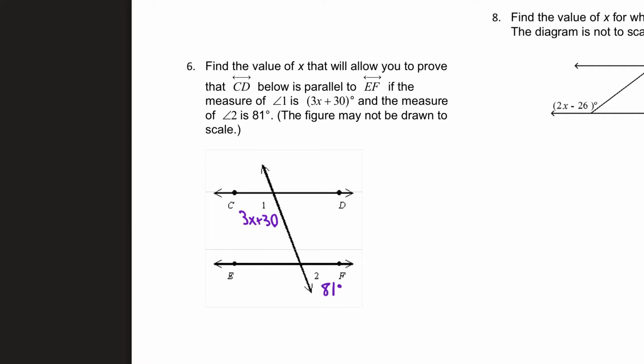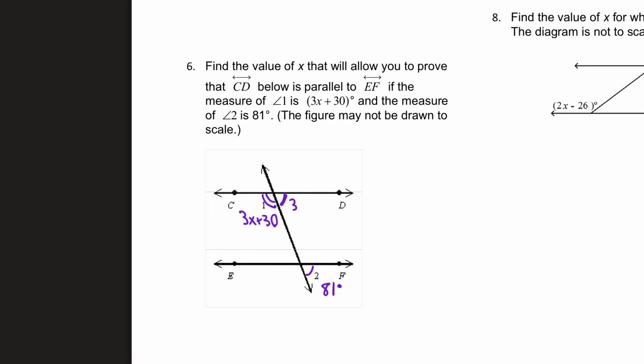Now, angle 2 and this angle right here are congruent to each other if the lines are parallel. Those would be corresponding angles, which means that this angle 1 and that other angle that I mentioned there are a linear pair. They are supplementary. So that means that I'll call this angle 3.